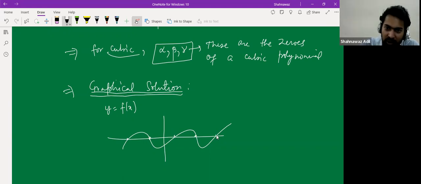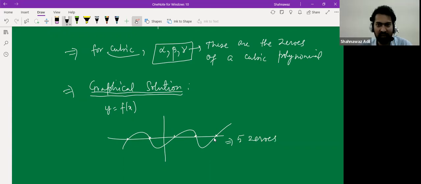So how many zeros are there for this graph? 5 zeros. Yes, 5 zeros. So this was about the graphical solution of the number of zeros.